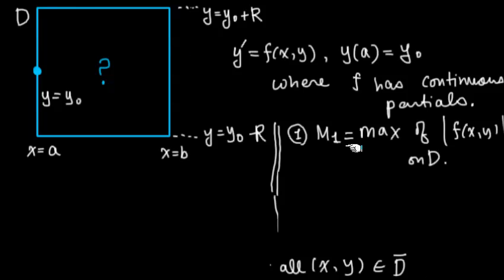The first thing we calculate is the maximum value of the absolute value of this two-variable function on the right hand side, on this plate D. Because of the extreme value theorem, this exists. Next, with this m1 calculated, we adjust this b to a lot smaller value.